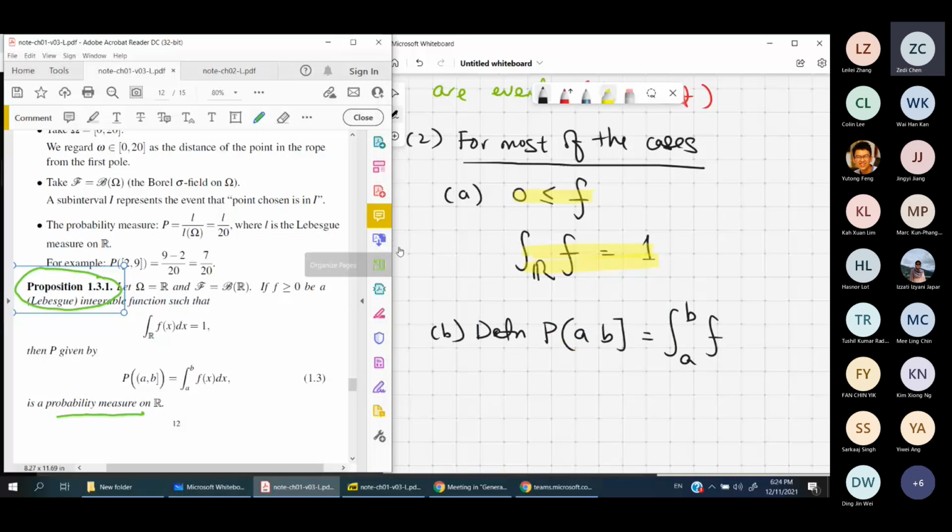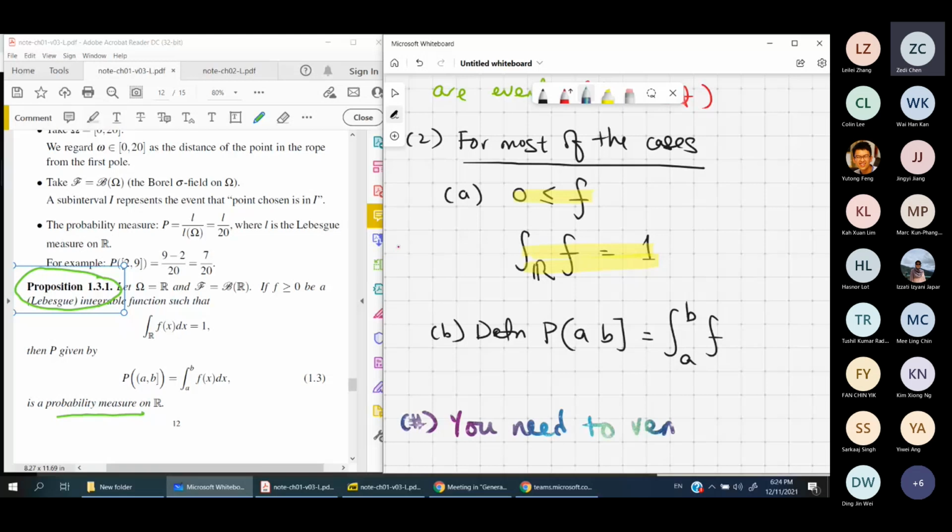Again, what is the important note? You have to verify these two conditions, and that's the only thing you need to do.